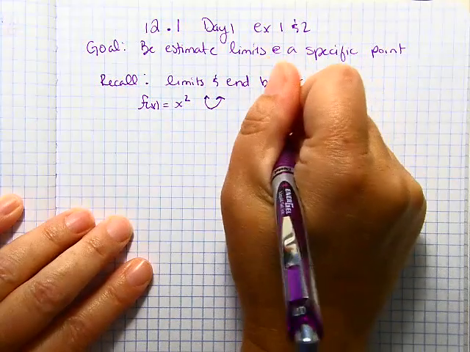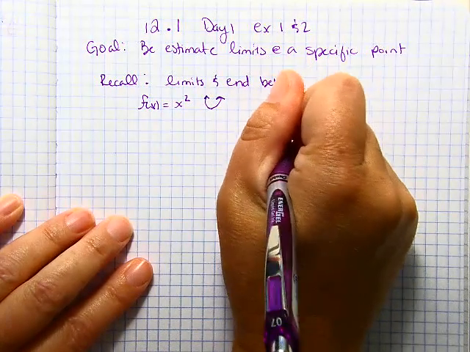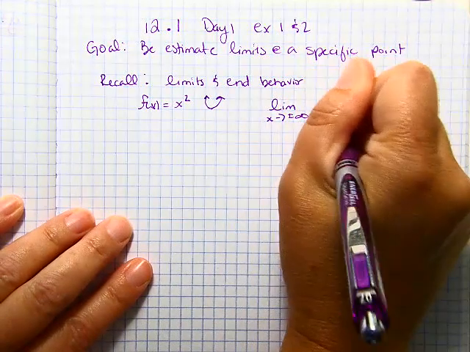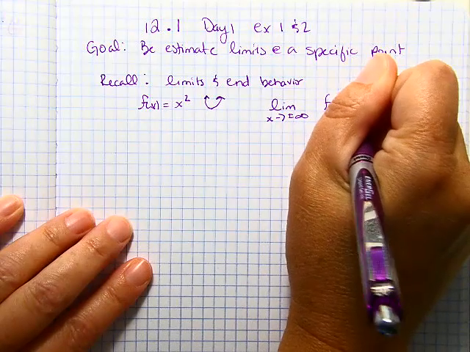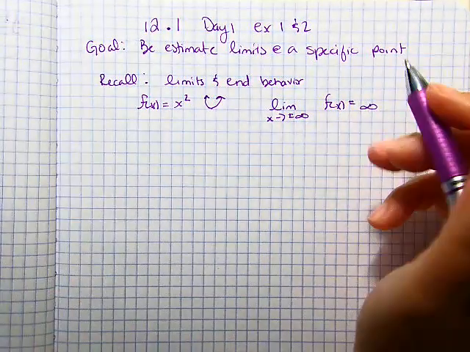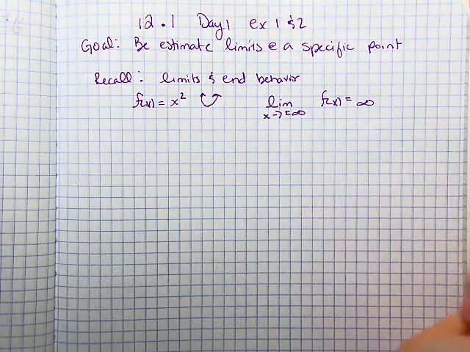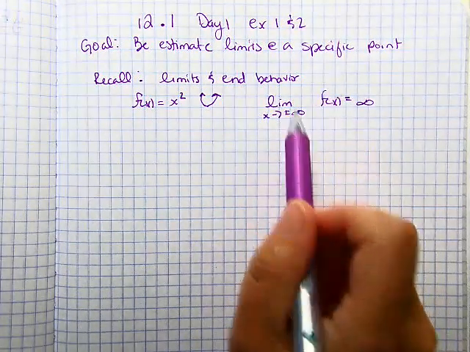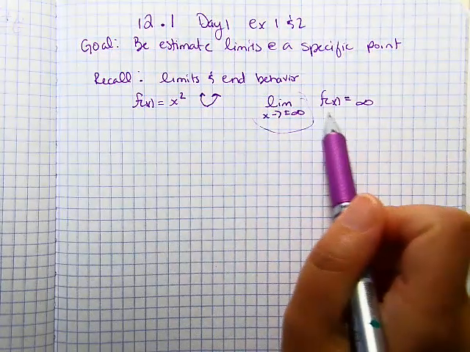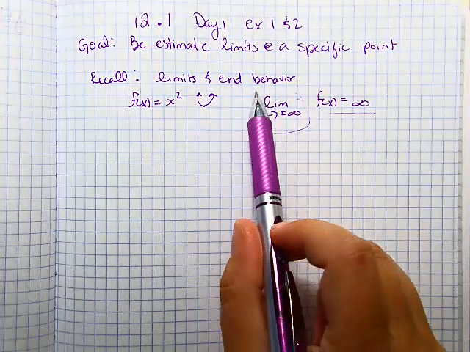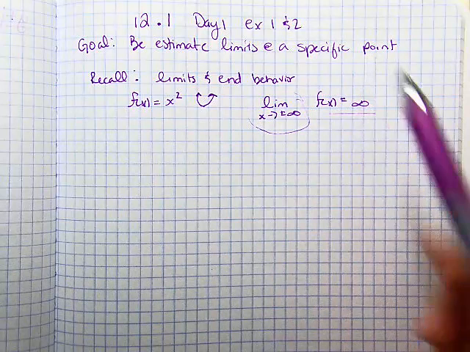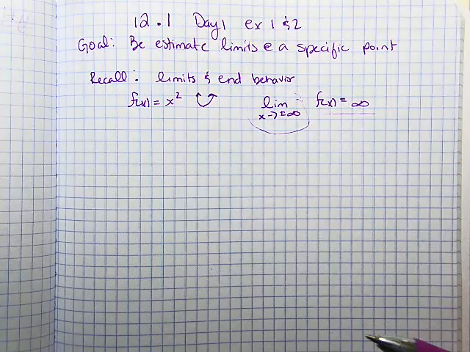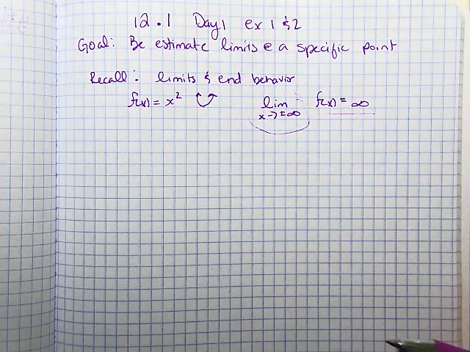And so we wrote that the limit as x approaches plus or minus infinity of f of x is infinity. Some of you had a real hard time with this. These are two statements. One is the limit statement, and then one is where it's going. So that's for end behavior.